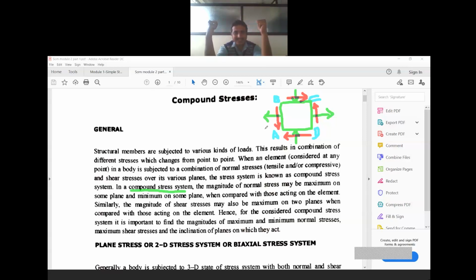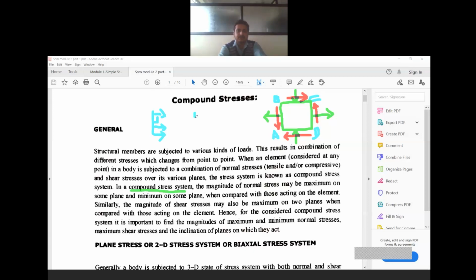The body will experience tensile force which will be normal to the plane. If this is the plane, we are seeing the vertical plane. The stresses developed due to tensile forces will be normal to the plane. Normal to the plane means perpendicular to the plane. What is perpendicular to the plane? It is 90 degrees with the plane. So understand these technical words, it is very important. These are the normal stresses developed due to tension.